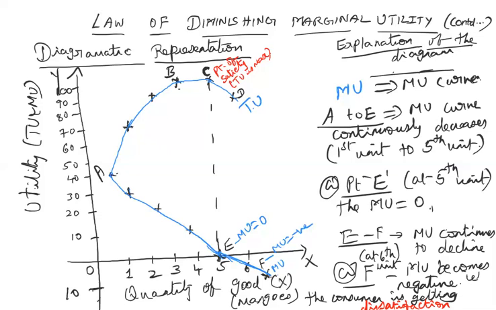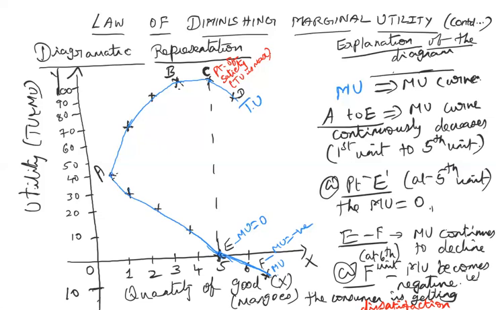Now, based on this, we can bring out the relationship between the total utility and marginal utility. When you look at the curve, from A to C, the total utility continuously increases. So when the total utility is increasing, what is happening to the marginal utility? It continuously decreases.